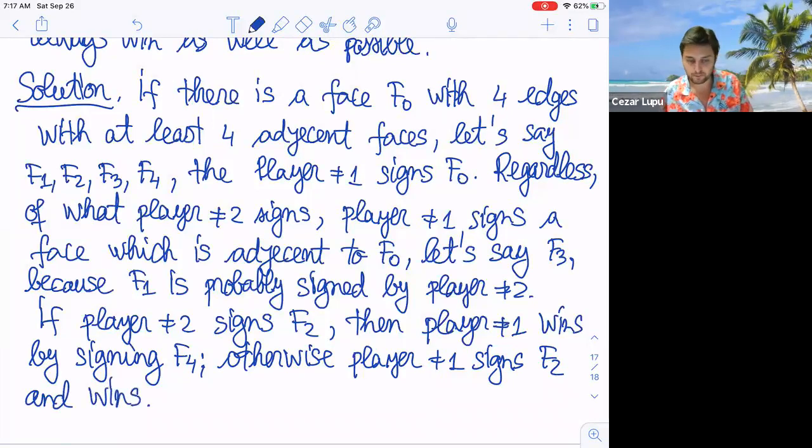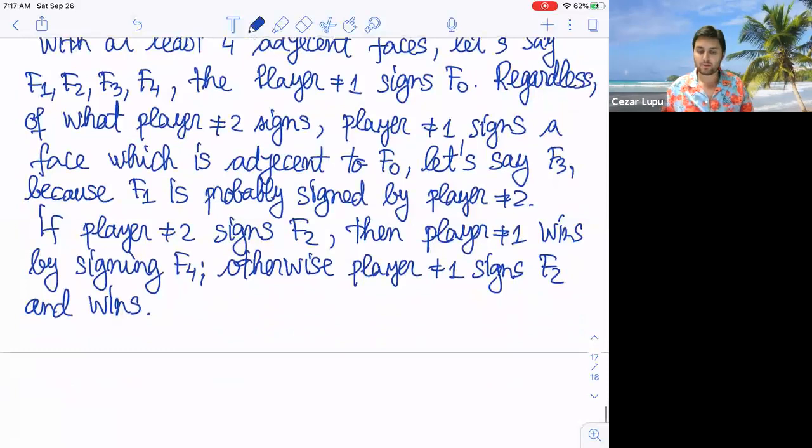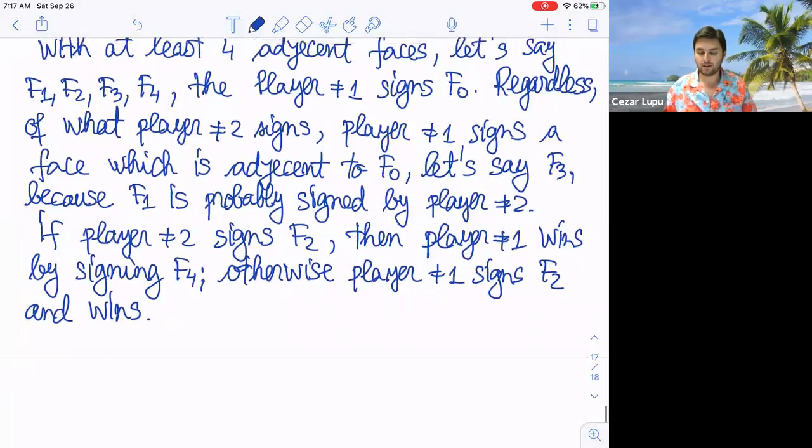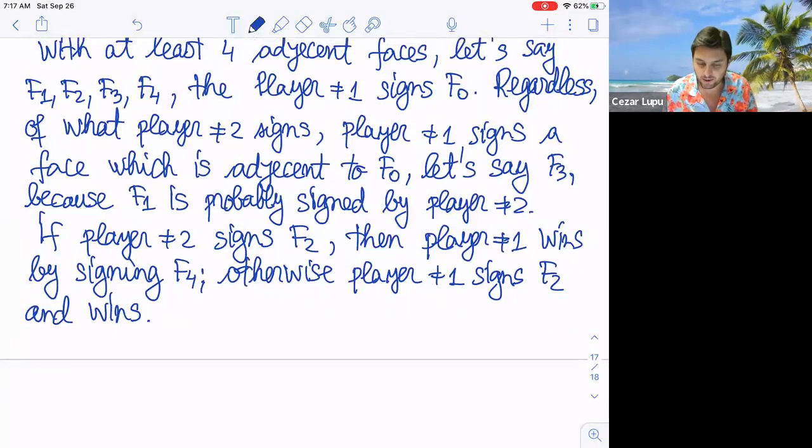All right. Thus, as you can see now, it remains to show that the face F0 with 4 edges exists.